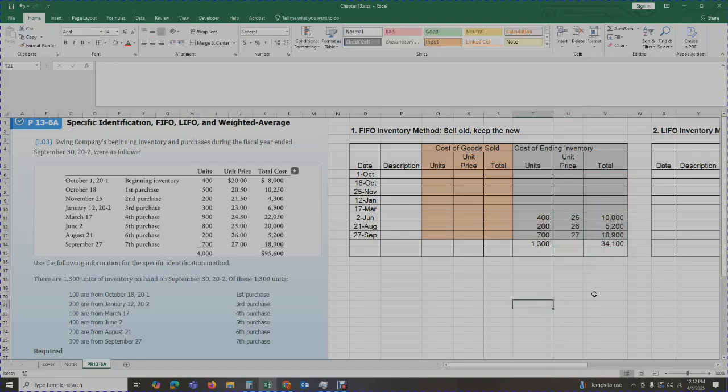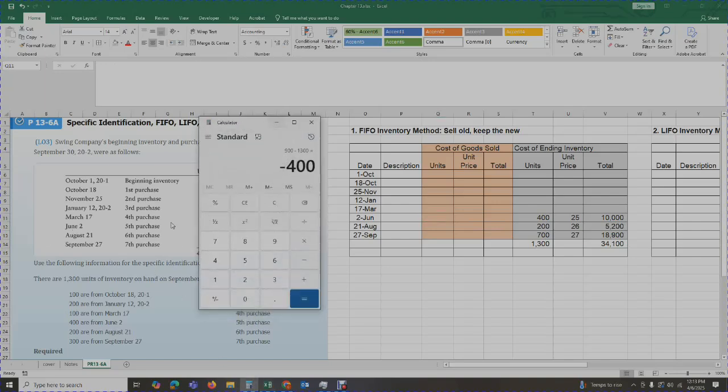Remember, we always want to match to 1,300 units. They're valued at $34,100. This is what I have left over, what I did not sell. Now, everything from this point up, we've sold, and that is going to go under our cost of goods sold. For that line item for June the 2nd, I had 800 units. 400 I did not sell, so that means I must have sold 400.